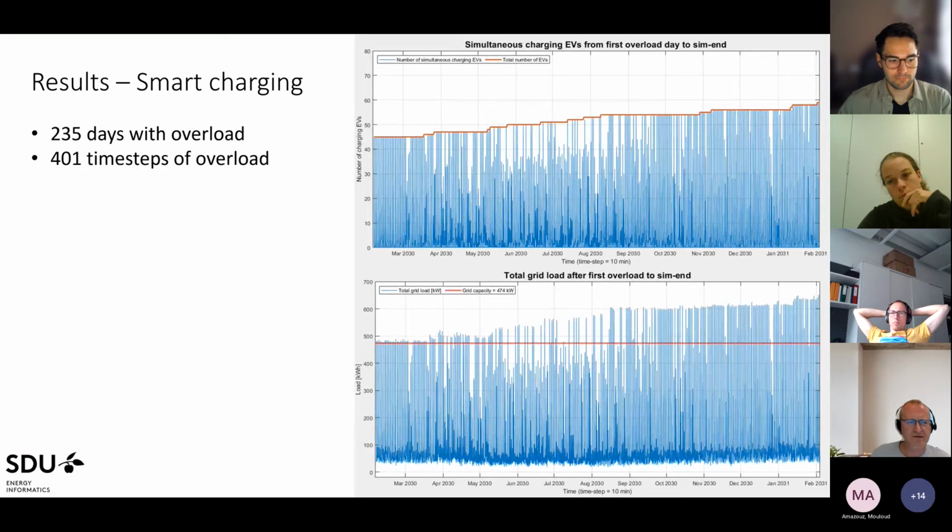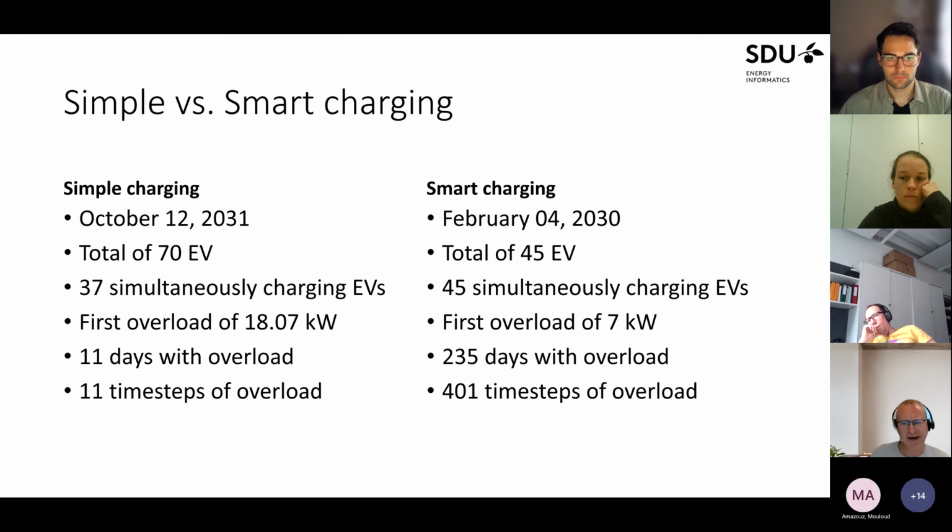The terrible result of this is that due to the herding behavior, we end up with 235 days with overload, compared to the 11 days with simple charging. And we are going to have 204 time steps within these 235 days where we actually have overload. So if we compare, we can see that with simple charging, we can charge 70 EVs, and we first have overload in 2031.